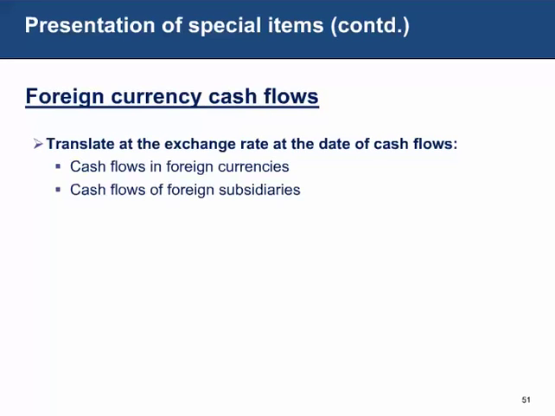Those cash flows are required to be converted into the local currency at the exchange rate prevalent on the date of cash flows. Similarly, for cash flows of foreign subsidiaries, for example, Infosys again has a subsidiary in the US. So any transactions with that foreign subsidiary are required to be converted at the exchange rate on the date of cash flows.